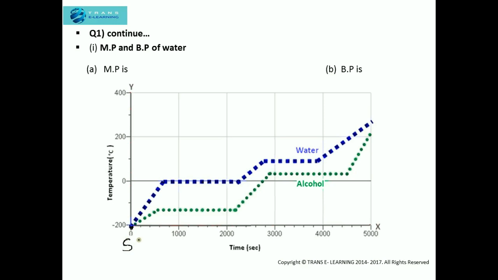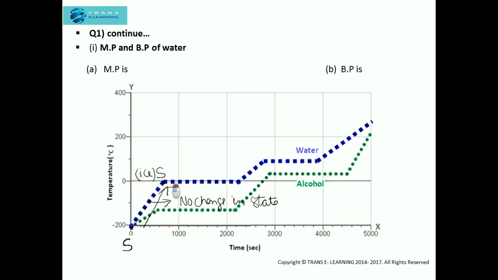Now we know from the heating curve that whenever there is a change in temperature, in this case rise in temperature, there is no change in state. So at this point also we'll be having solid, which is ice.